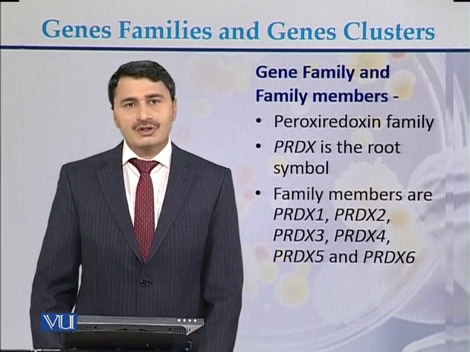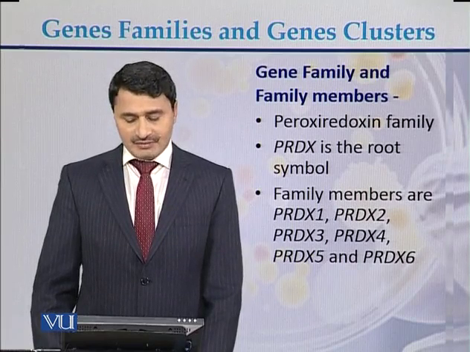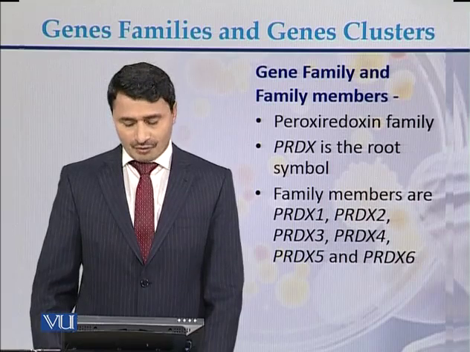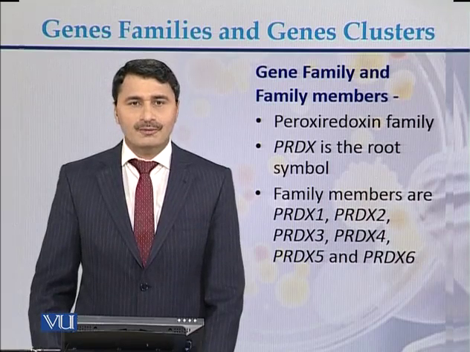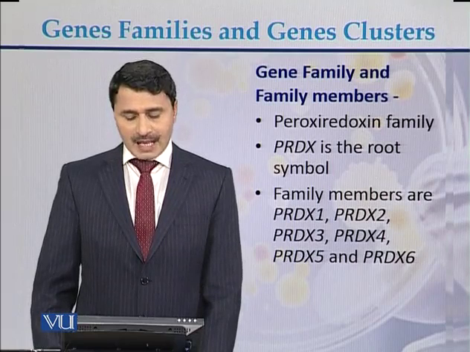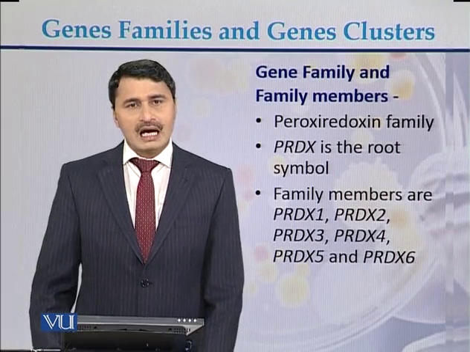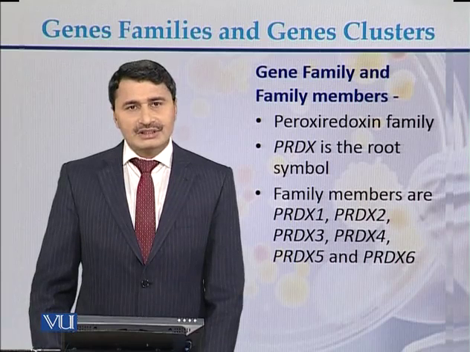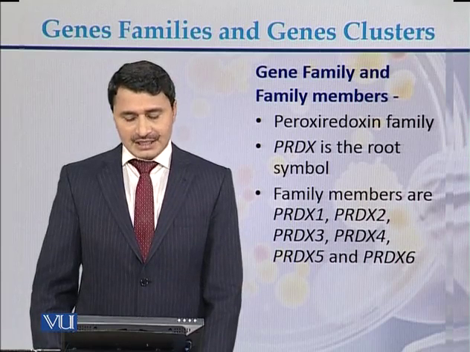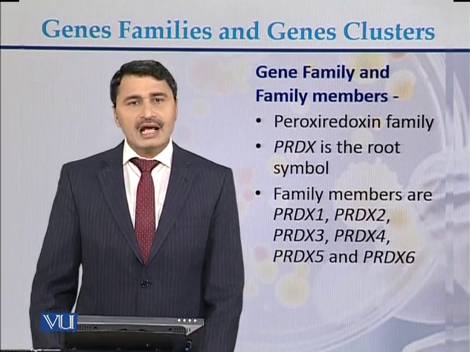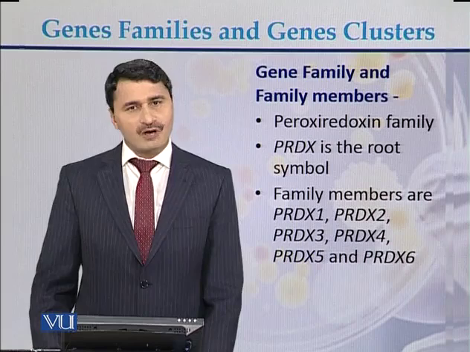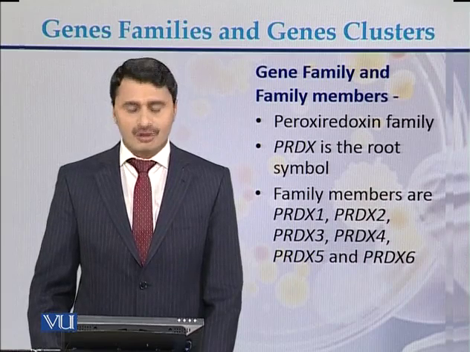The family members of this gene family are PRDX1, 2, 3, 4, 5, 6 and so on. So peroxiredoxin is a gene family, the symbol is PRDX, and there are different members of this gene family, named 1, 2, 3, 4 and so on.